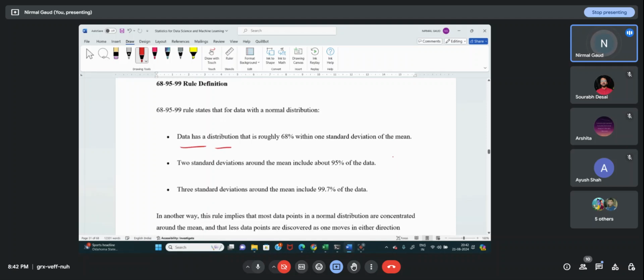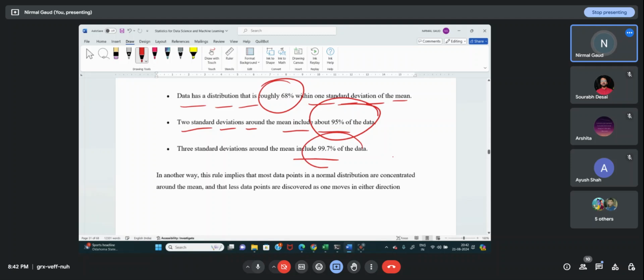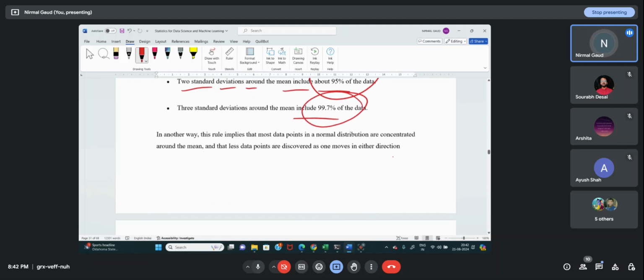Data has a distribution of roughly 68% within one standard deviation of the mean. In two standard deviations, 95% of the data, and in three standard deviations, 99% of the data. In other words, this rule implies that most data points are concentrated around the mean, and less concentrated as one moves in either direction away from the mean.